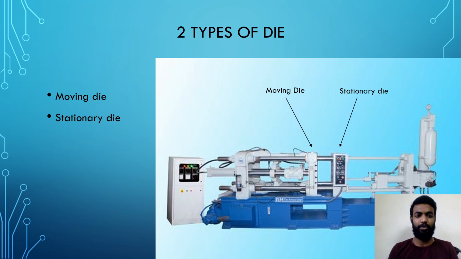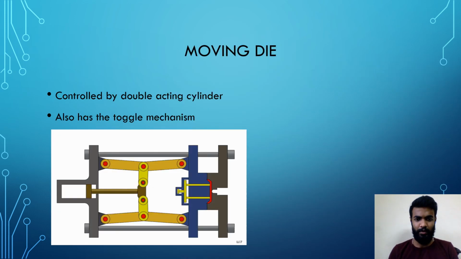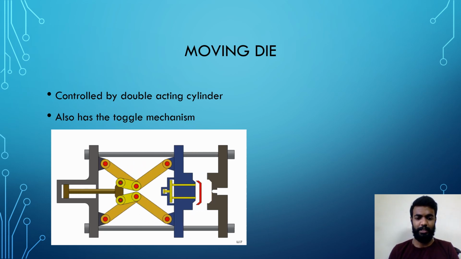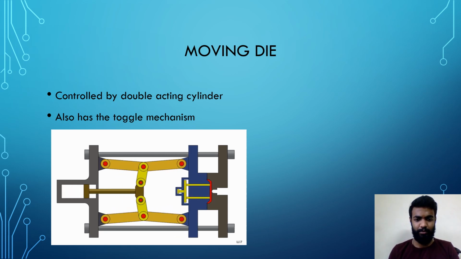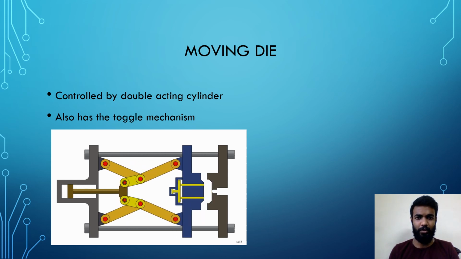So there are two types of die in this pressure die casting machine. So this is the stationary die and this is the moving die. So now let's see something in detail about these two dies. And this is the schematic representation of a pressure die casting machine, and this is the moving die and this is the stationary die, and the movement of the moving die is controlled by a double acting hydraulic cylinder.